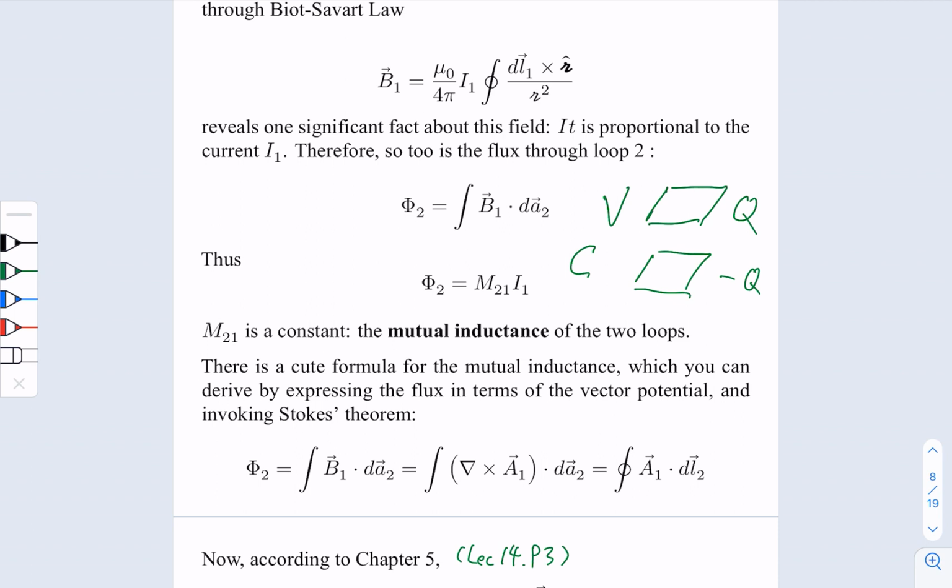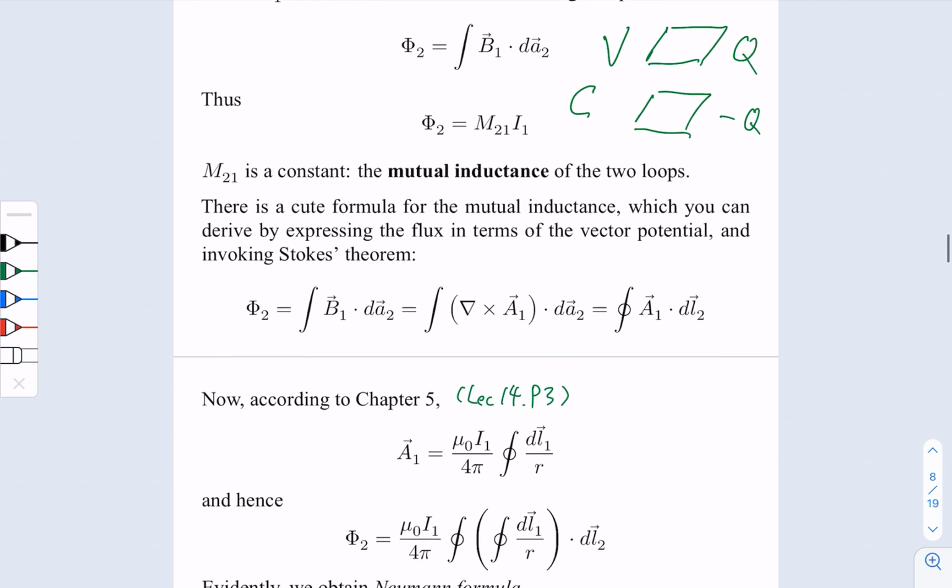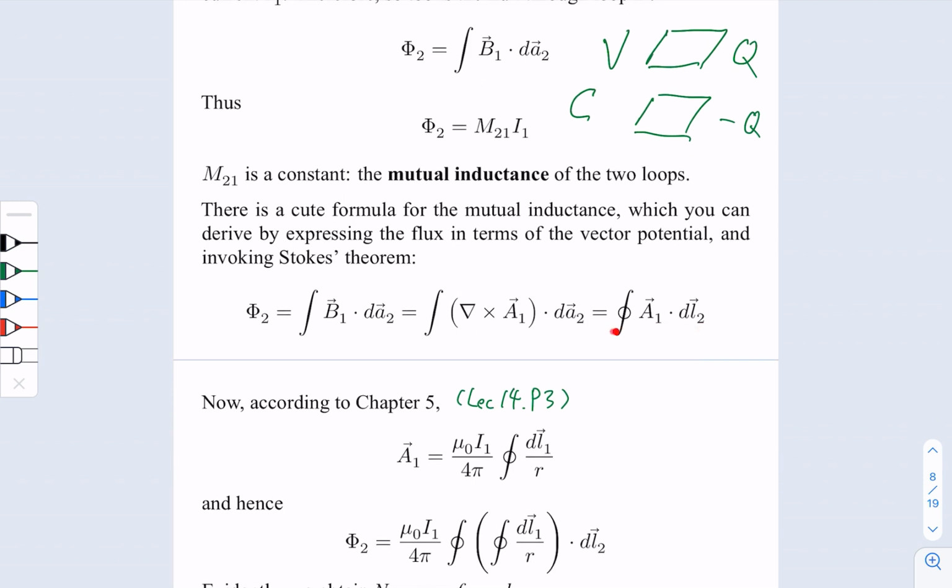So that converts to A dot dl. And this A1 is something that we already calculated in chapter 5. You can look at lecture 14, page 3.